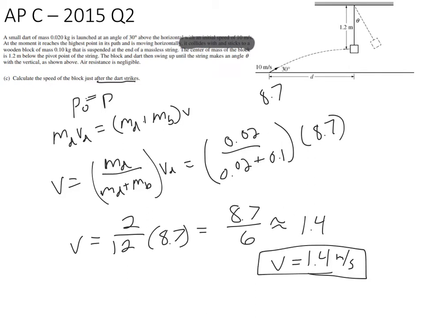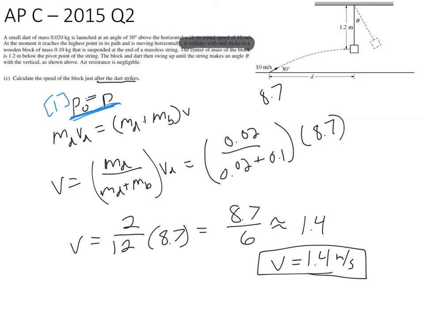This was 3 points. 1 point literally for stating this equation. I cannot stress this enough: when you do these problems, you have to make sure that you state conservation of momentum or conservation of energy, especially for a problem like this. You get 1 point for stating this equation and then using it later on.